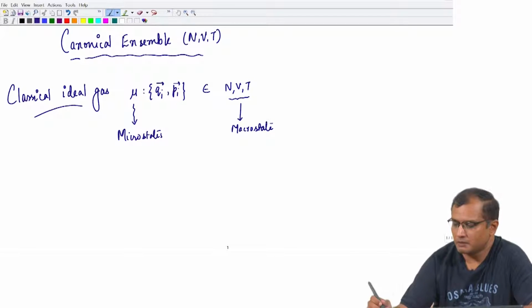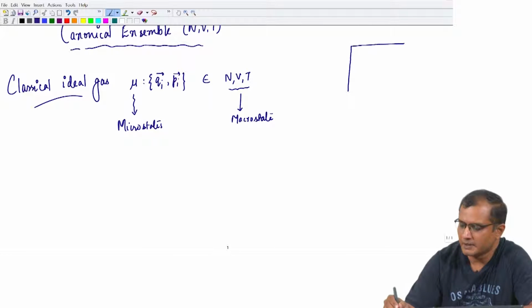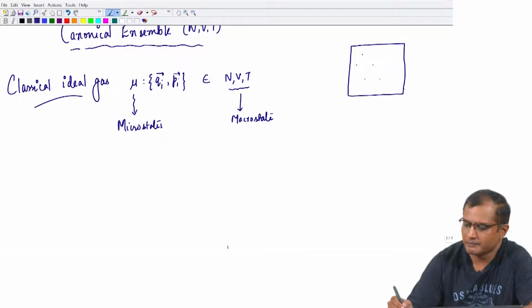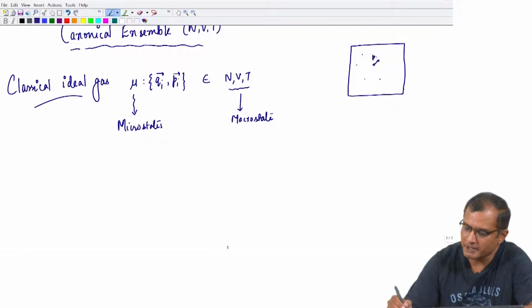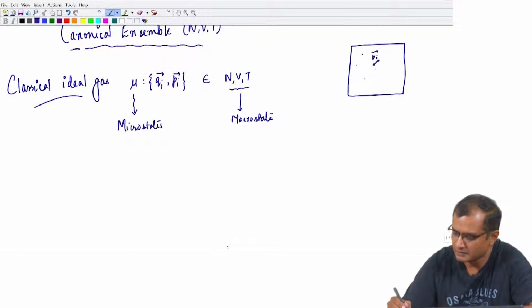Now, you can think of this ideal gas as a system which is enclosed in a container, and your particular particle here is having momenta pi, and the location is some qi, and so on and so forth.